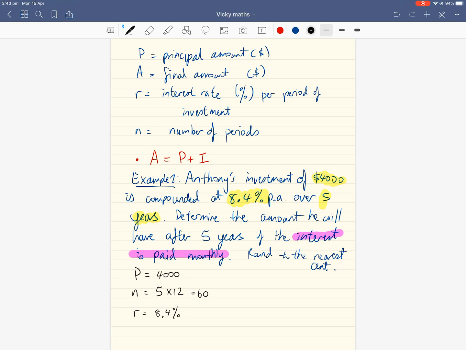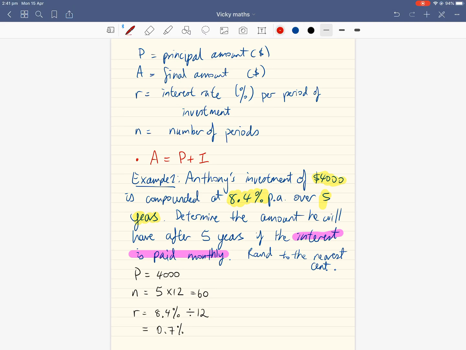And because we multiplied by 12 to take account of the monthly, our rate of 8.4 is a percentage rate per year, and we have to change it to monthly. So rather than just 8.4, we go 8.4 divided by 12, which gives you 0.7%.